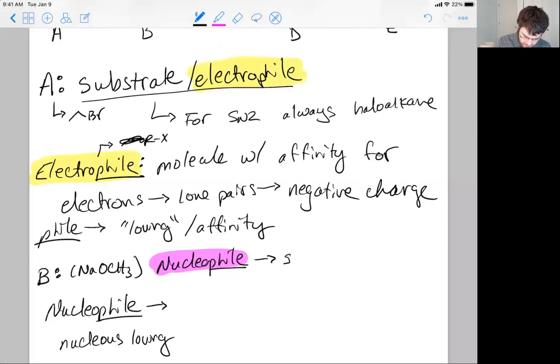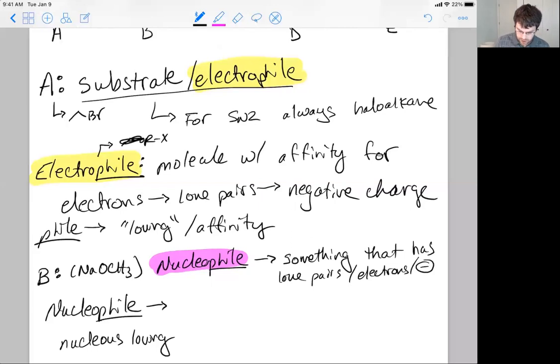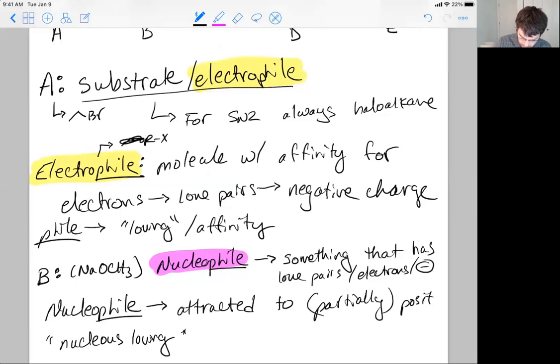I'm going to define nucleophile broadly in just a second, but what is B? B has lone pairs, electrons, and possibly a negative charge. The nucleophile is nucleus loving, or has affinity for the nucleus. It's attracted to positive charges, which could be partial charges or full-blown charges.